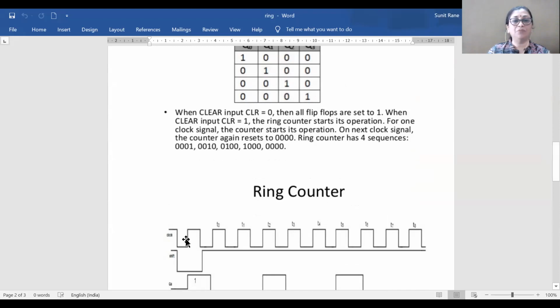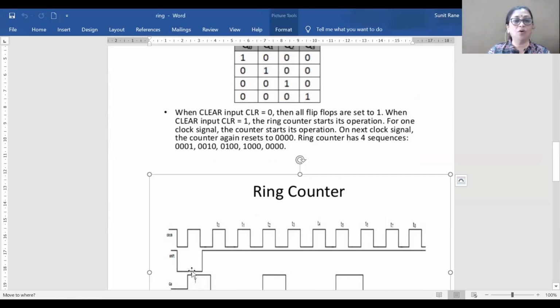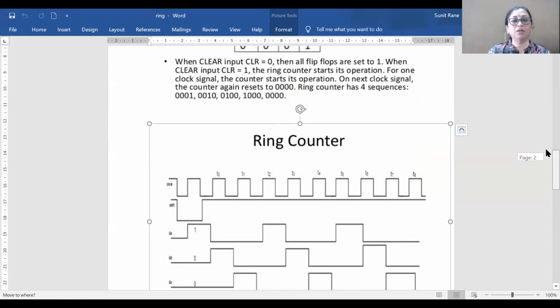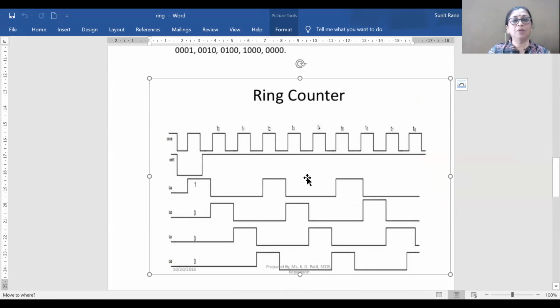First you have to draw the clock pulses, and then you have to give the output of Q0, then the output of Q1 according to your truth table. Here you may observe 1 0 0 0, 0 1 0 0. I'll write it here. So this is 0 1 0 0.